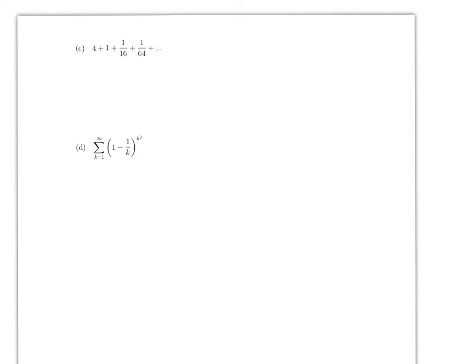Okay, in part C, there is actually a typo, and that's why some people got confused. So that is my fault. There is one part missing here. So the actual sequence should be like this: plus 1/16, plus 1/64, and so forth. So here, the easiest way to determine the convergence is to realize right away that this is just a geometric series where the value for r is 1/4.